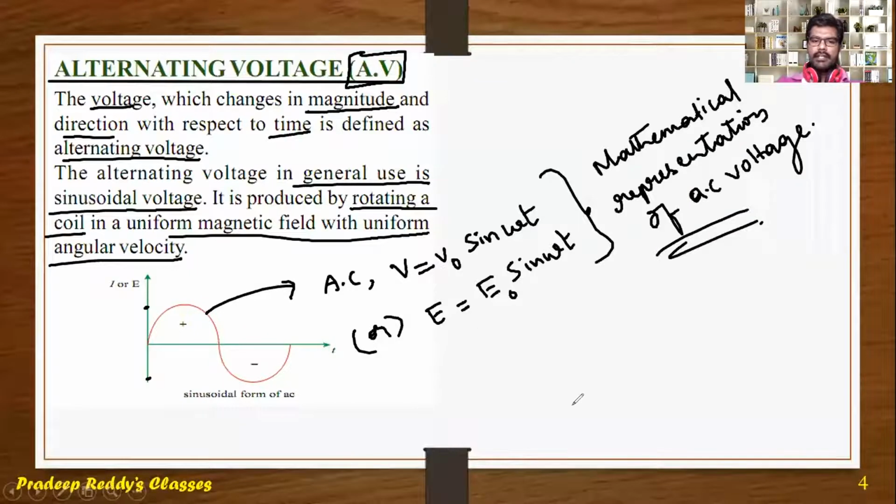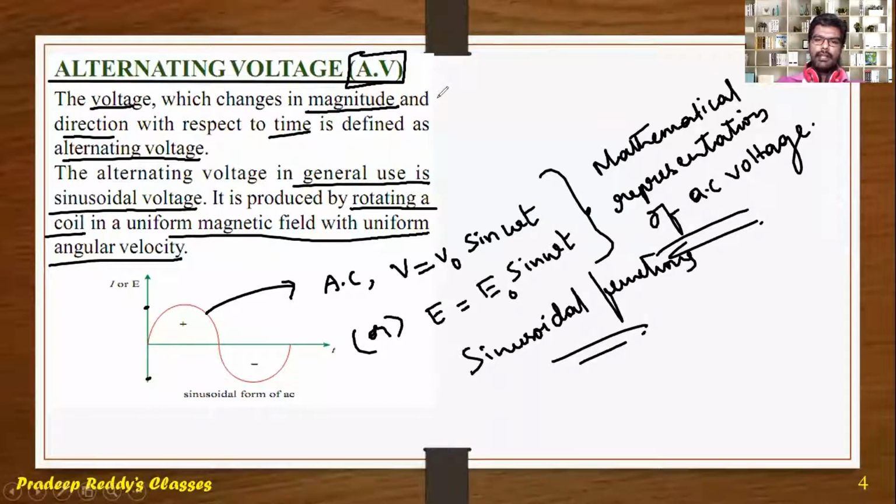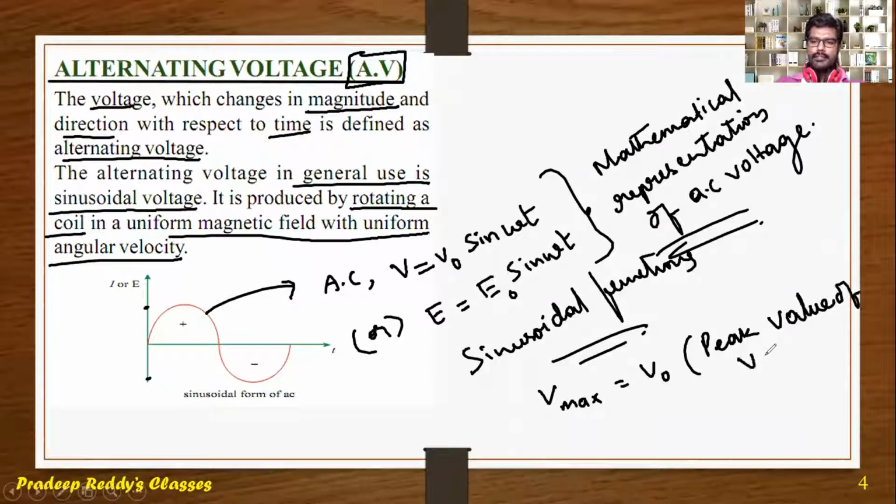AC voltage is represented with this sinusoidal function. The maximum value V maximum will be equal to V naught. This is called the peak value of voltage in the circuit.